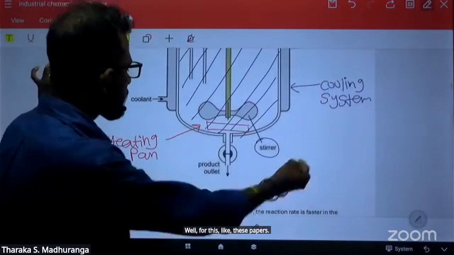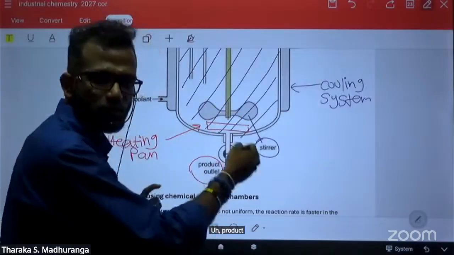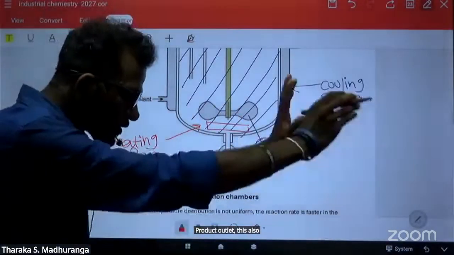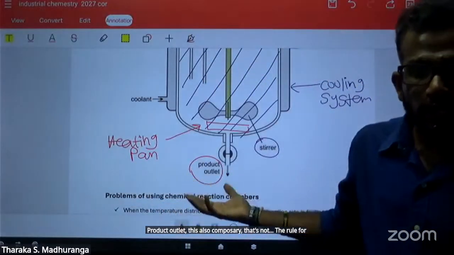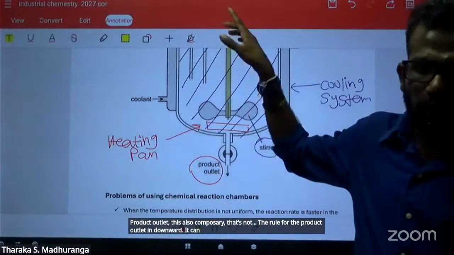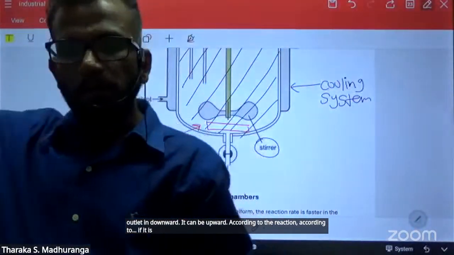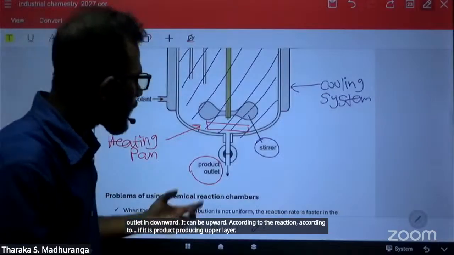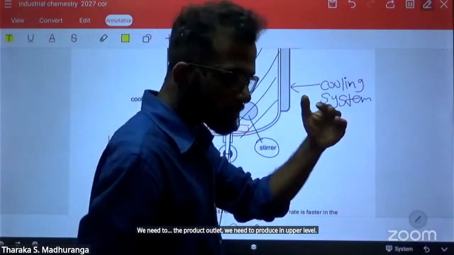Then finally you can see the product outlet. This is also compulsory. It's not a rule that the product outlet is downward. It can be upward according to the reaction. If the product is produced in the upper layer, we need to place the product outlet at the upper level. Do you get my point?